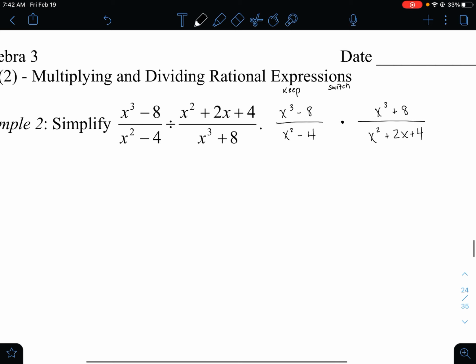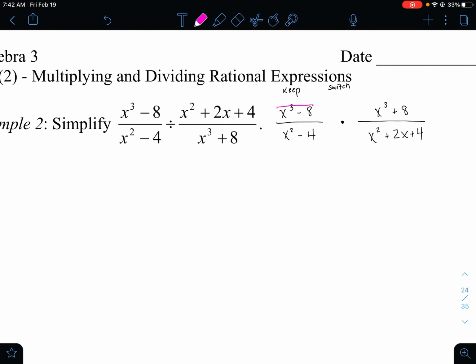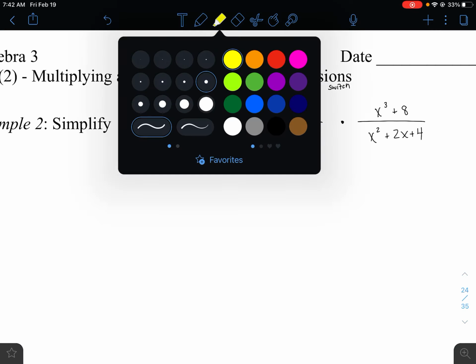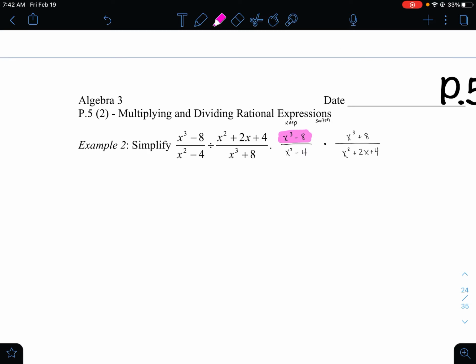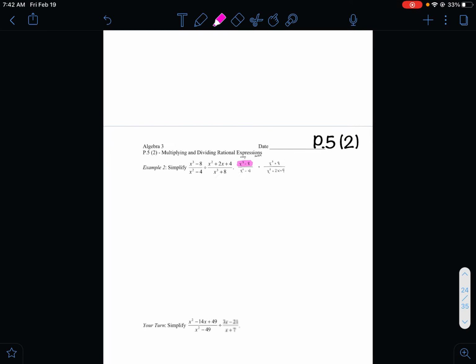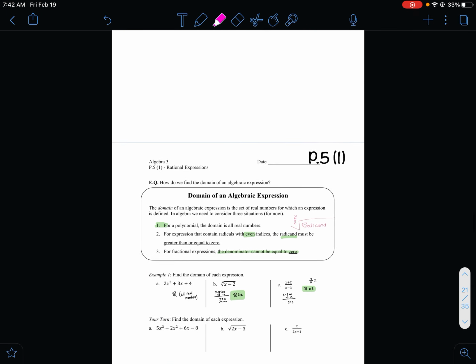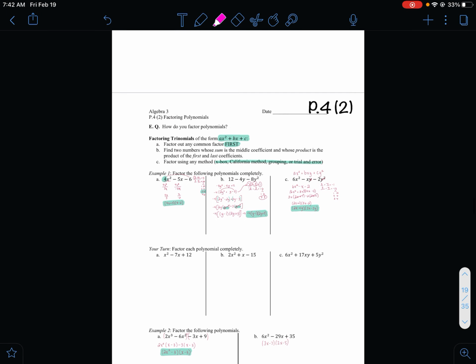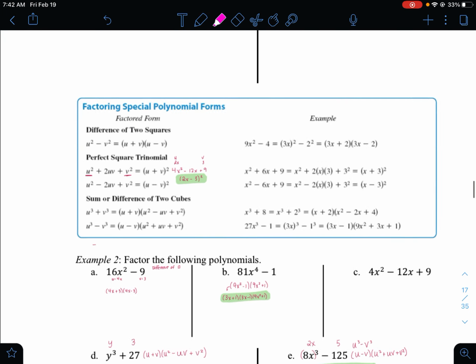So my numerator here, I'll give it pink. Whoops. Okay. That is, and if I can scroll back fast enough, just to refresh your memory. Here it is.